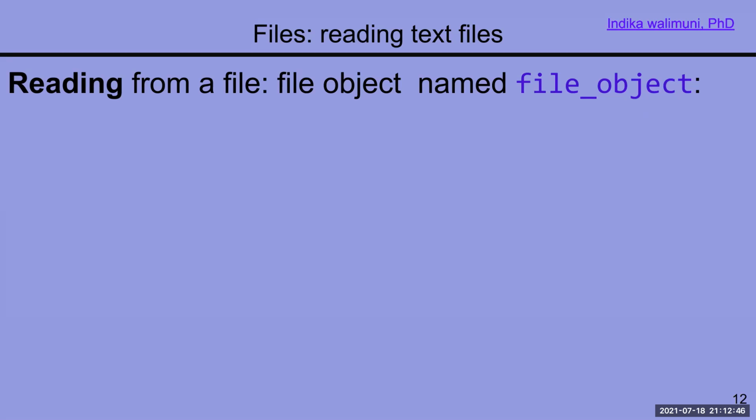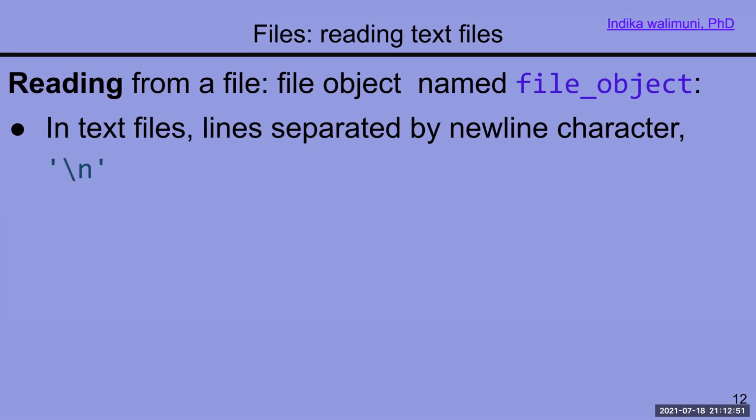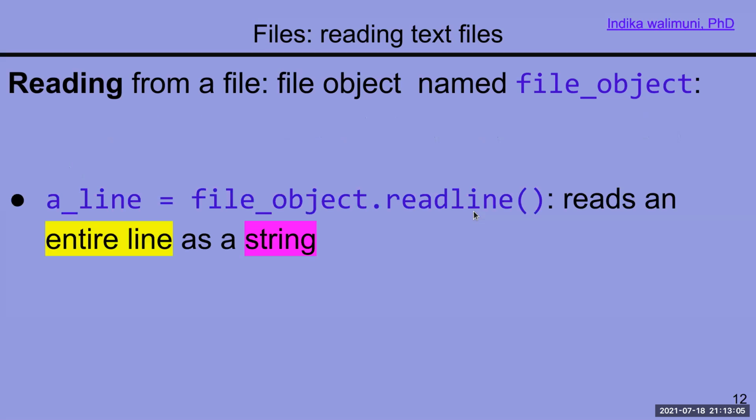So, reading a line. In text files, the lines are separated by the new line character. In fact, we'll see it later. So how do we read a line from a text file?